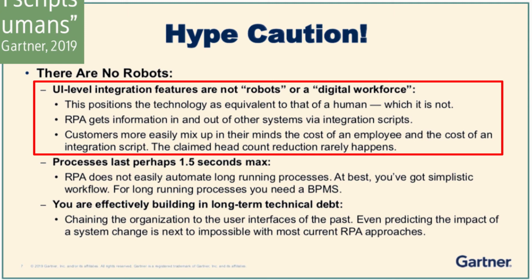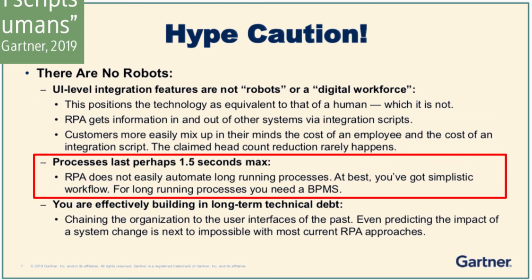It gets information in and out of different systems via integration scripts. You would be able to look at RPA as enabling or increasing productivity, but it's not a like-for-like replacement for headcount.